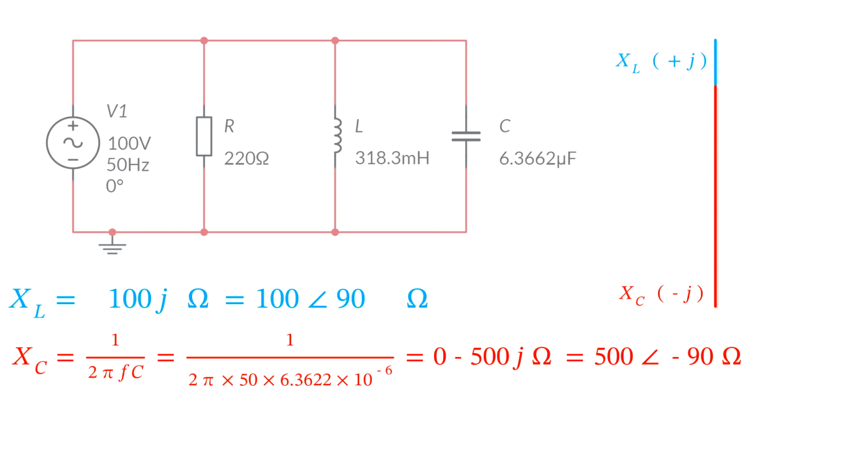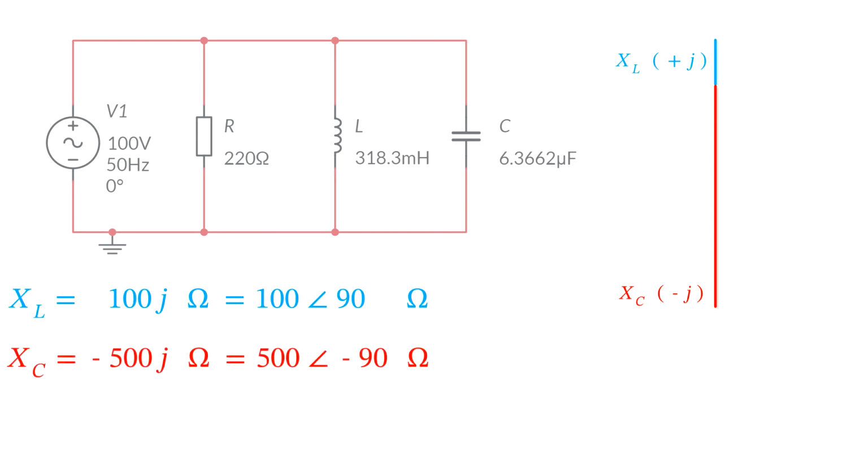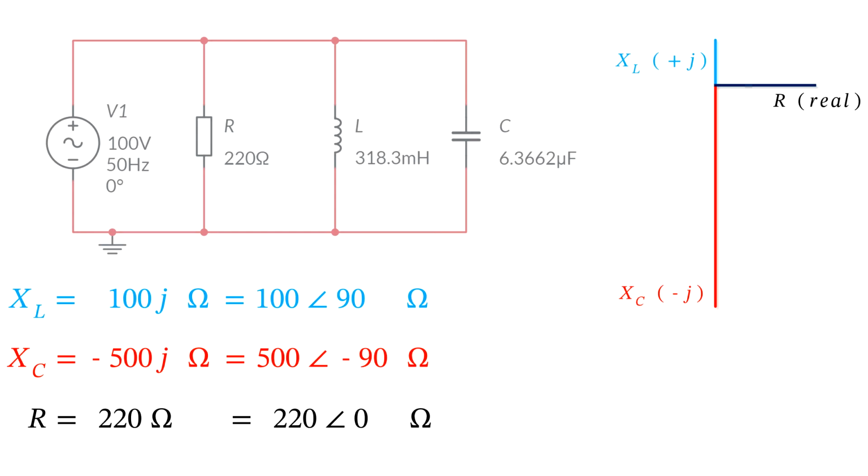Capacitors and inductors have no real part in theory, only imaginary parts. And then the resistance has no imaginary part, it's purely real. So that's 220 ohms plus 0J, or in polar form, 220 ohms at an angle of 0 degrees.